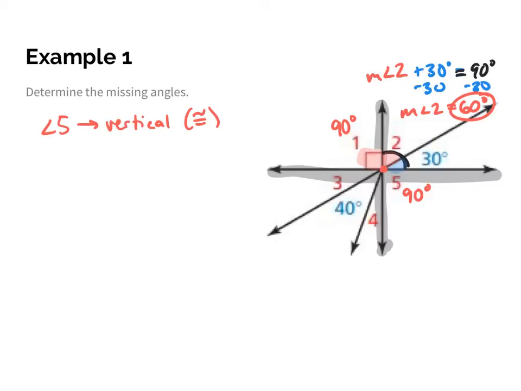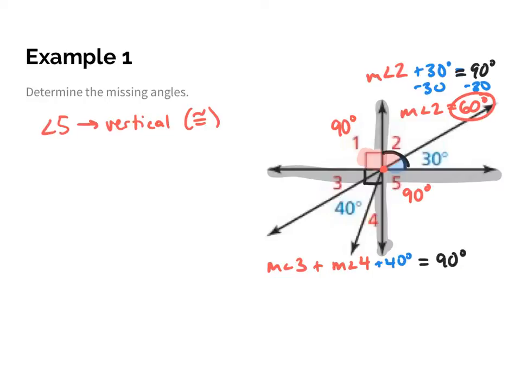All right, so that leaves us with angle 3 and 4. What I want you to notice, again, is the idea of a linear pair like I just solved. Angle 5 is next to it, and these three angles, 3, 40 degrees, and 4, are going to form a linear pair, which means that those three angles are going to add up to 90 degrees. So the measure of angle 3 plus the measure of angle 4 plus 40 degrees, all of those should add up to 90 degrees.